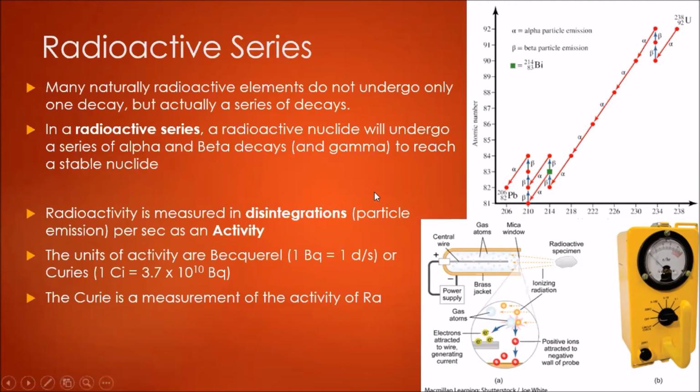So how do we actually measure this radioactivity as it undergoes all of these series? We can measure these in disintegrations, which is essentially particle emissions per second, also known as the activity. The units we're going to see are usually named after the scientists who did this important work when they first discovered radioactivity.